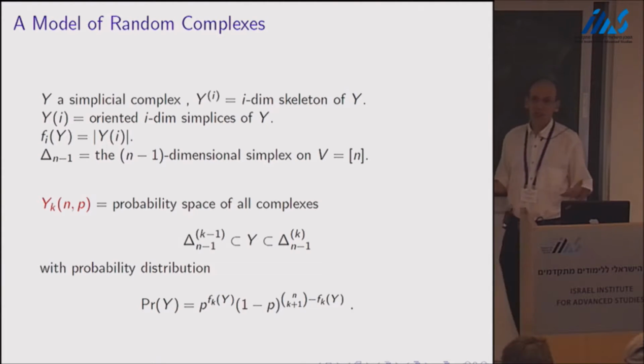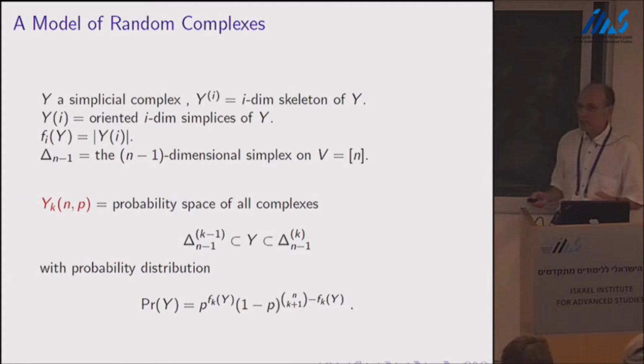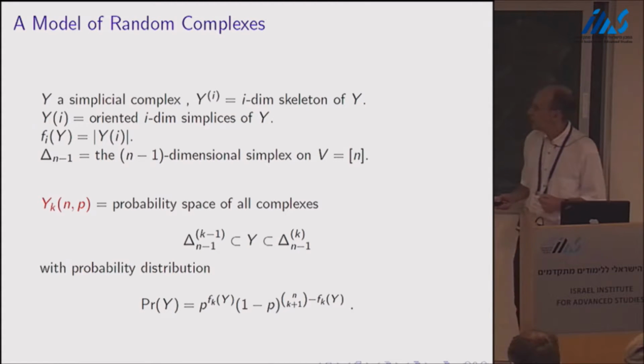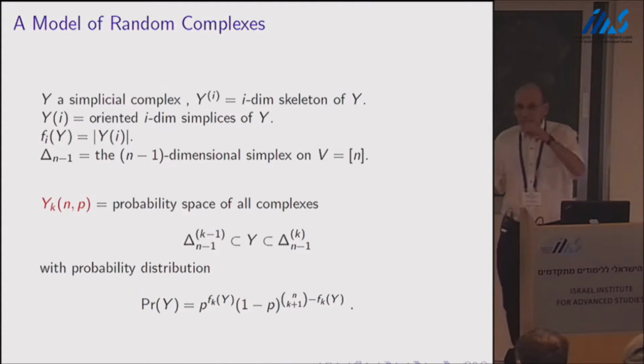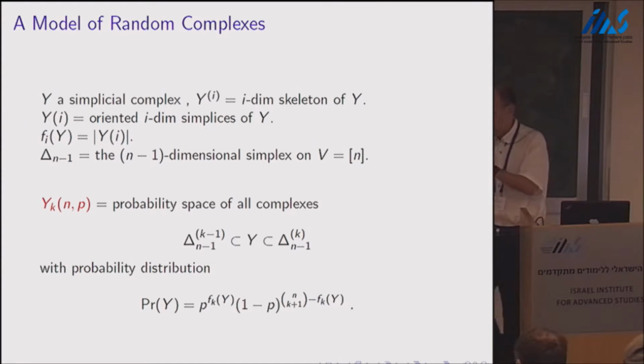And the natural question, which we studied with Nati and later with Roy Meshulam and Nathan Wallach, is where is this exact threshold, when we start from the (k-1)-skeleton and move up to the k-skeleton, when do we lose all (k-1) homology?